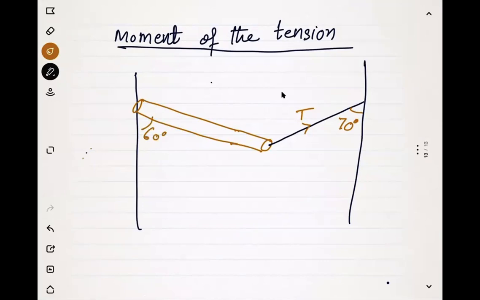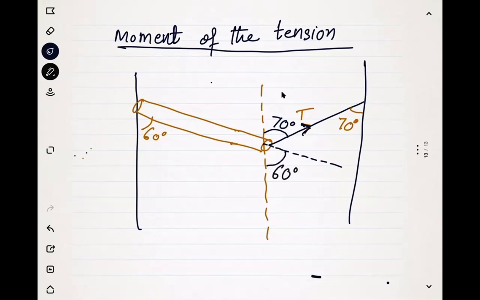Now if I draw a vertical line here, then the angles that I can write easily are, this angle is 70 degrees, and the angle between the line of the rod and the tension, if we look at the given possibilities carefully, is obviously 60 degrees.